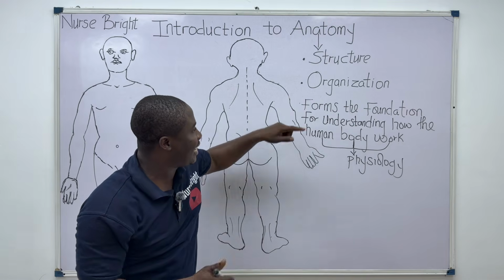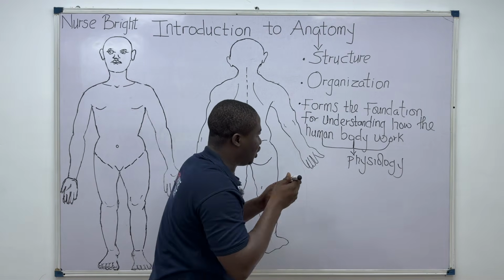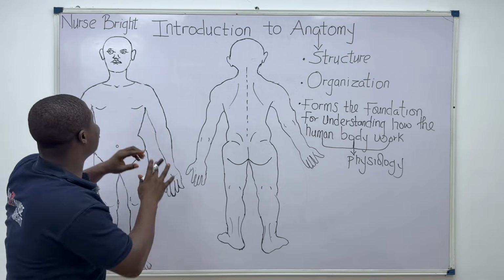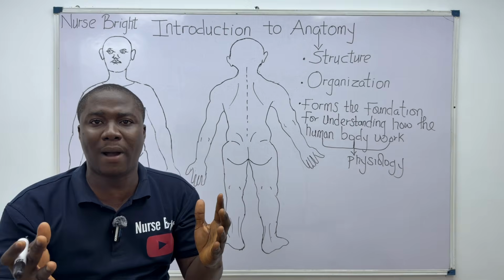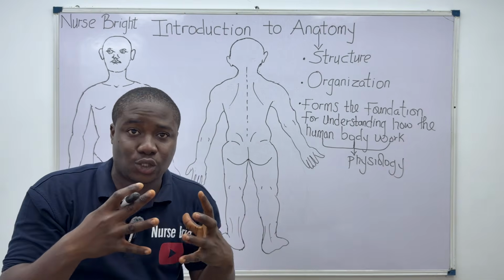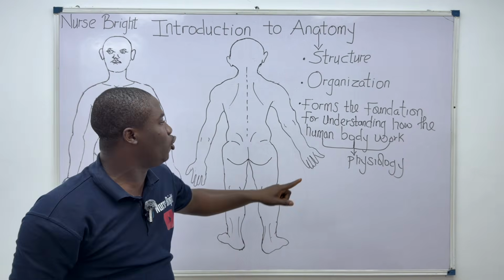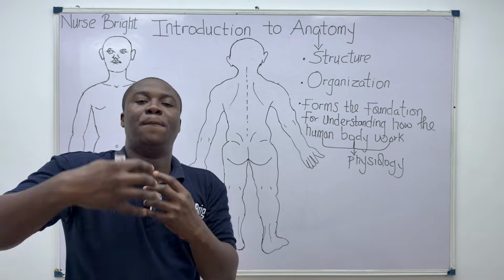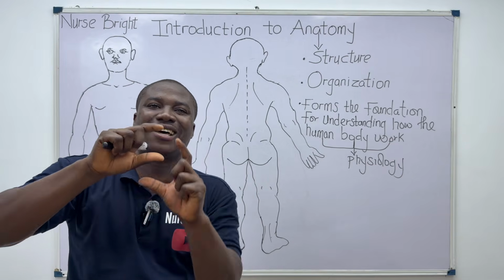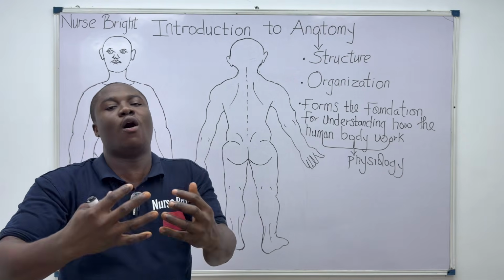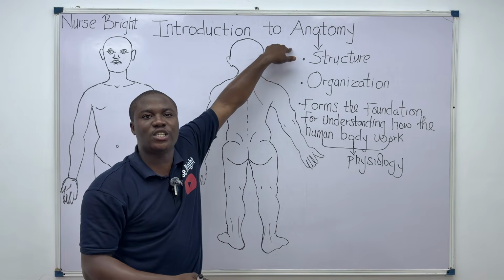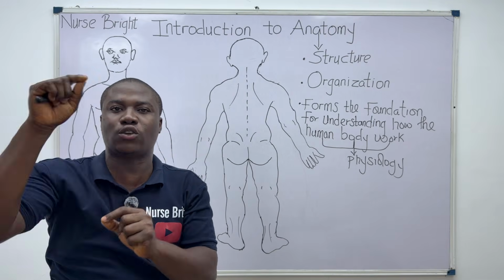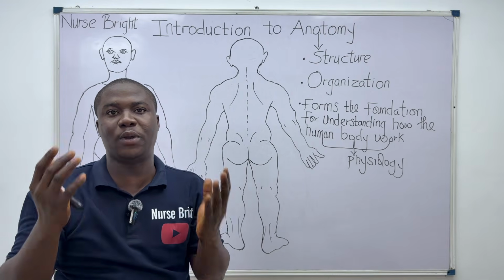I said that anatomy forms the foundation for understanding how the human body works, because if you don't understand the structural aspects of the human body and how its parts are organized together, it will be difficult for you to understand the functional aspects, that is, how the body works. Physiology studies the functional aspect of the human body, while anatomy studies the structural and organizational aspect. This must be noted.